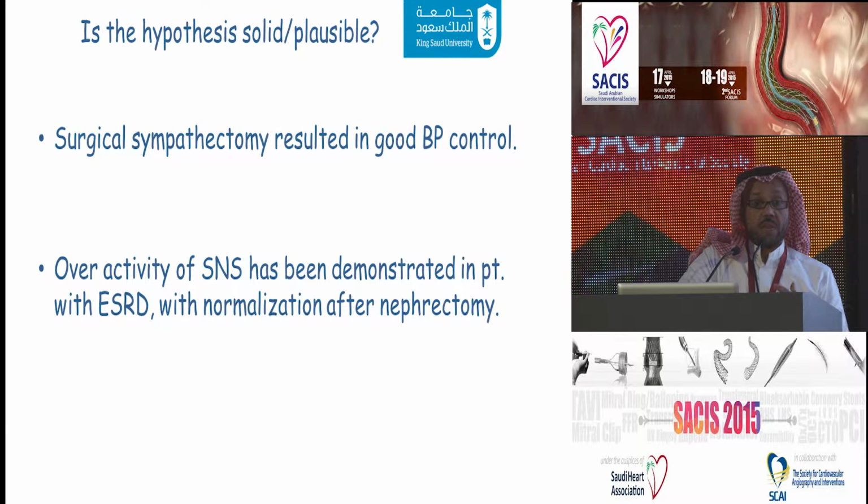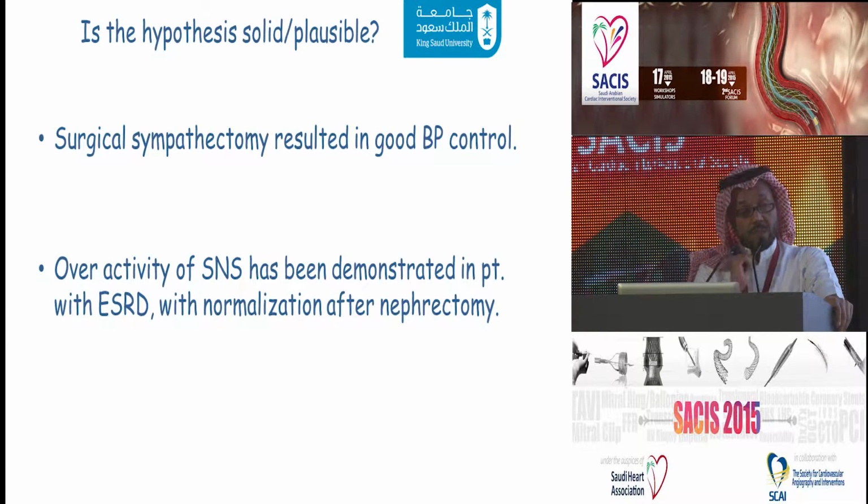Furthermore, there's very important data from the surgical literature supporting that surgical sympathectomy results in good blood pressure control. This is one of the most important studies that support this hypothesis. In this literature, they quote that patients who had sympathectomy had better symptom relief, less decrease in their cardiac size, less headache, and fewer complications.